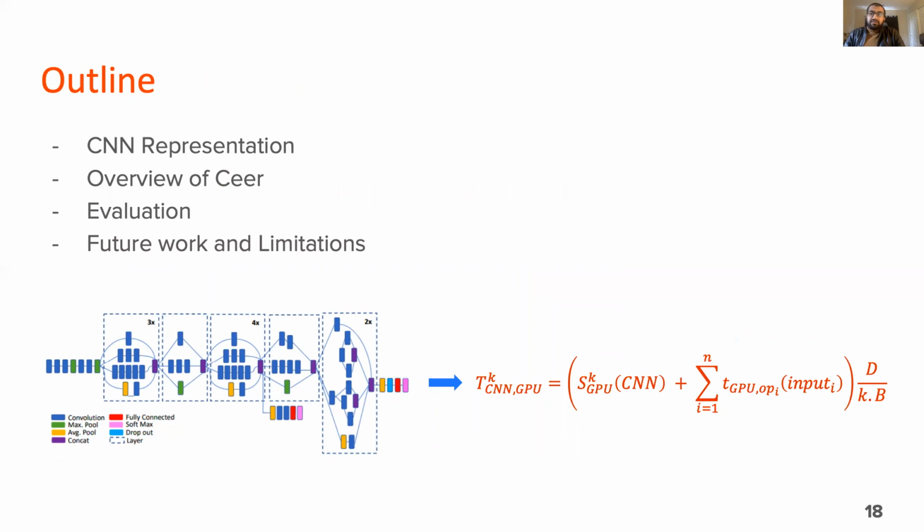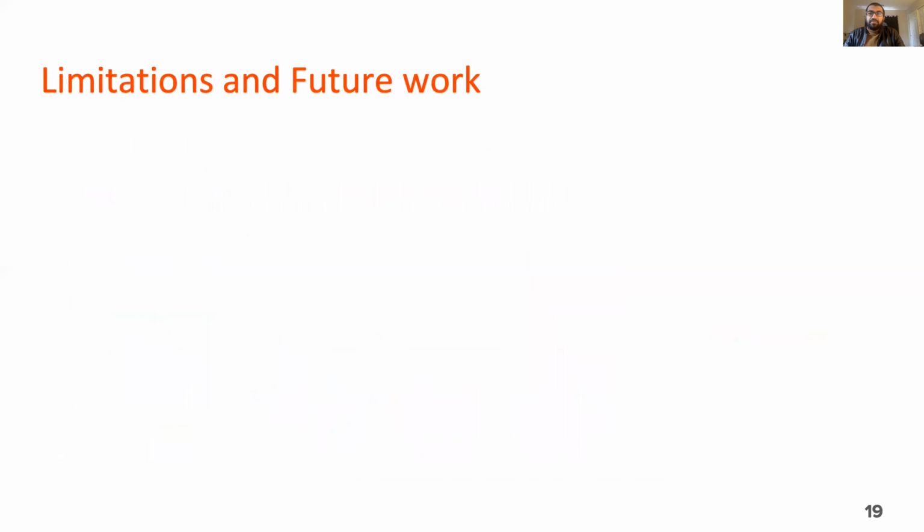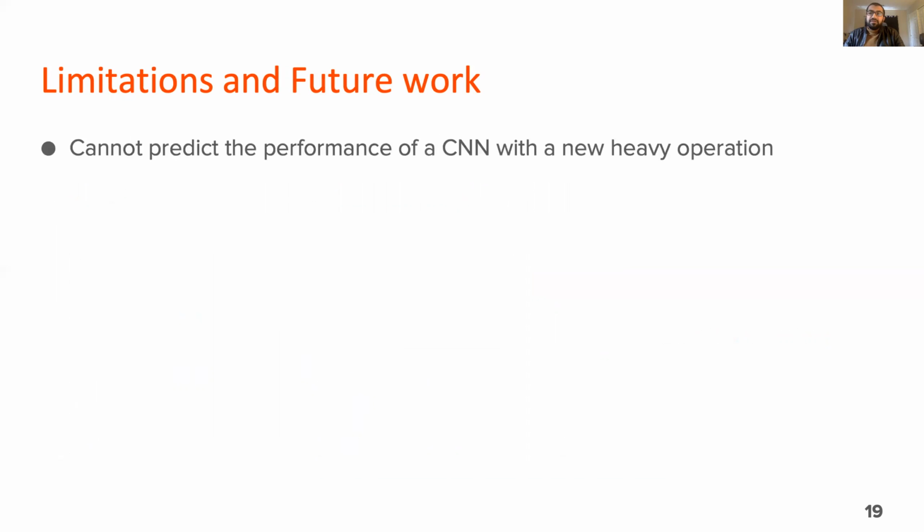Next, let's talk about future work and limitations of Ceer. For predictions, Ceer depends on historical data. If an operation type is not seen by Ceer already, it cannot predict its compute time. However, benchmarking a few new operations instead of running the DNN training is generally not very expensive.